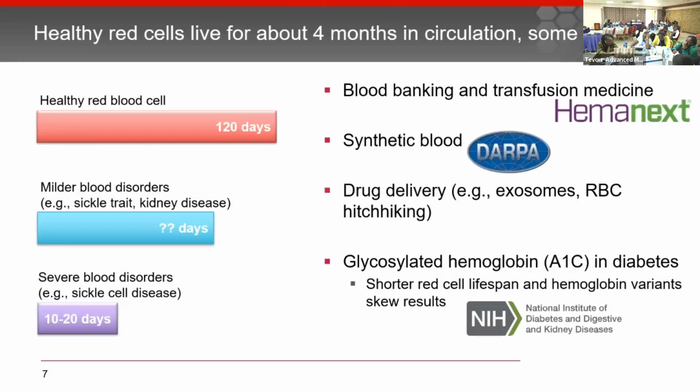So these properties are also key in understanding how blood is stored, transfused blood, and also recently developed studies like synthetic blood in drug delivery and in assessment of diabetes, as it's well known that it relies on the lifespan of hemoglobin.